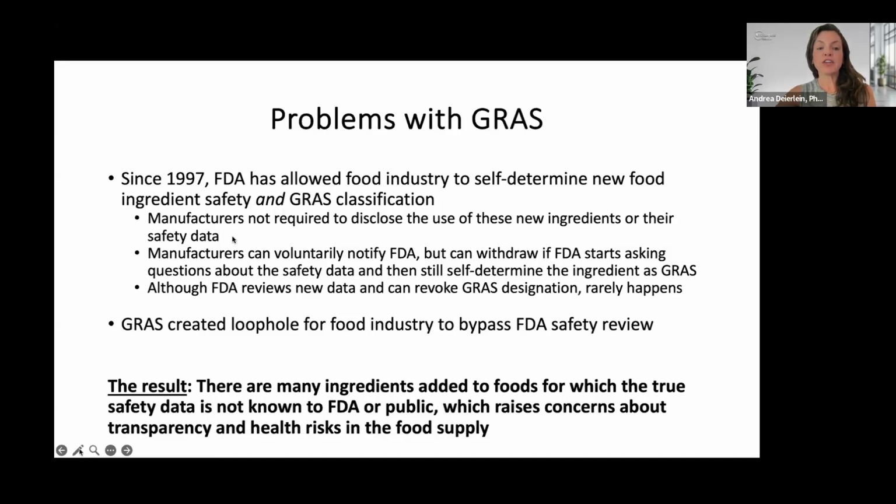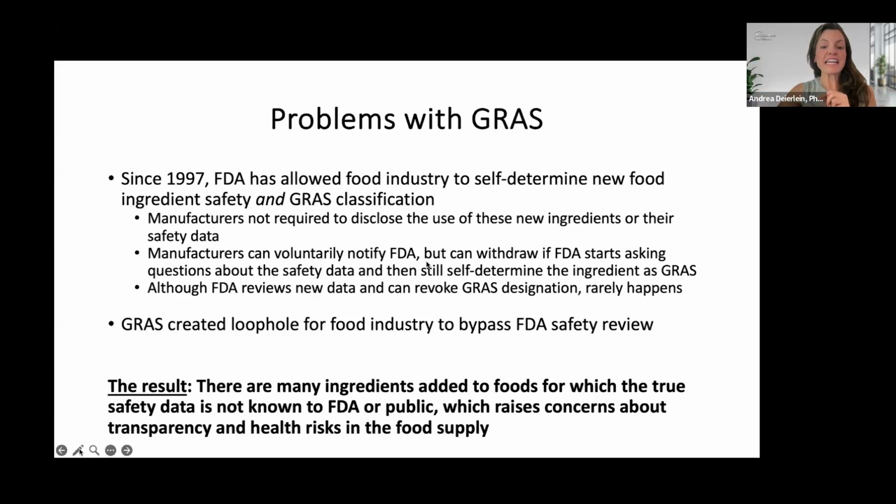So this means that manufacturers are not required to disclose the use of these new ingredients or their safety data, and manufacturers only have to voluntarily notify the FDA that they are including this ingredient in their foods, and they're saying that it's generally recognized as safe.